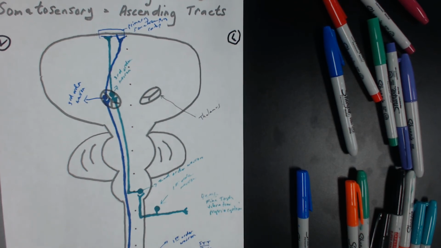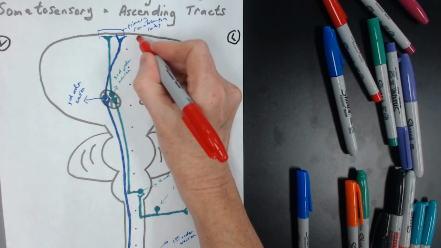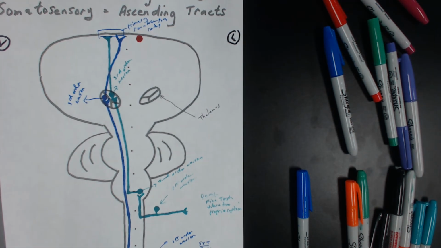Now, what I'm going to do is choose to represent the motor information in red up here. So up here in my pre-central gyrus, that is my neuronal cell body that exists in my pre-central gyrus.